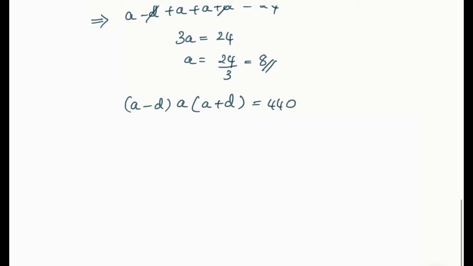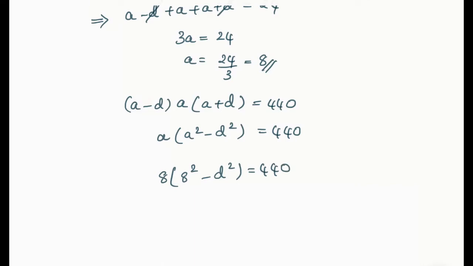Now product, that is a minus d into a plus d equals 440. You can write this as a square minus d square equals 440. Now substitute the value of a, which is 8: 8 square is 64, so 64 minus d square equals 440 by 8.